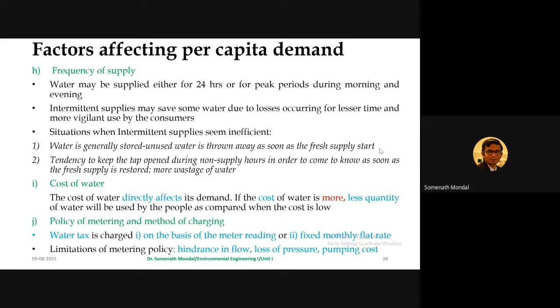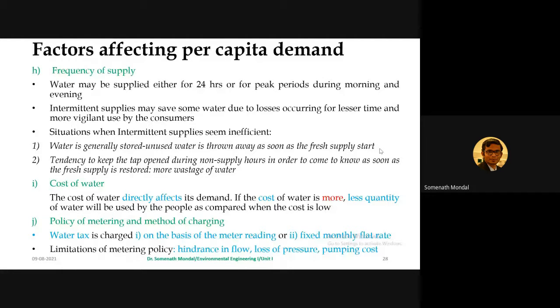These are the limitations associated with the metering policy we are mentioning over here. However, this policy making of water utilization has a significant role to play in the per capita demand.